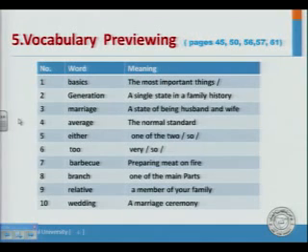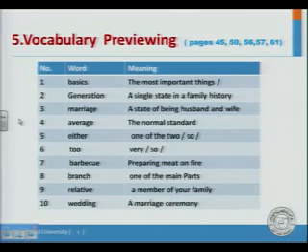The next one is generation. As it's seen here in English, it means a single stage in a family history. جيل. أجيال, the plural form is generations.